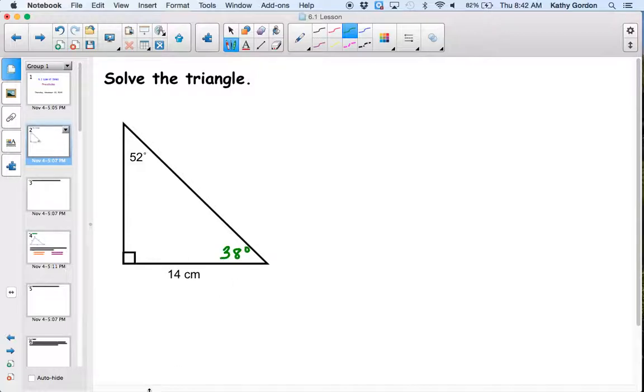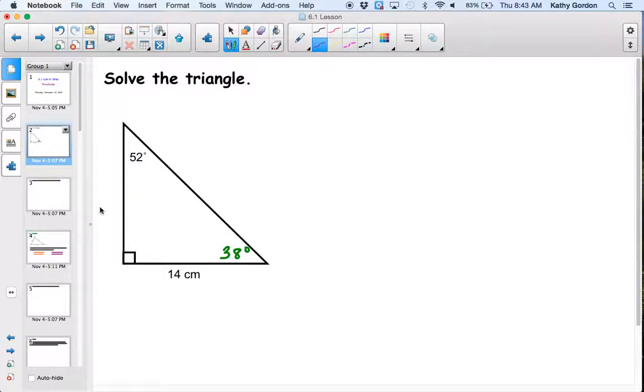Okay, so going back to just good old-fashioned geometry, we know that all of the angles of a triangle have to add up to 180. So if we have 2 of the angles, we can pretty easily figure out the 3rd one just by subtracting. Okay, how about this side?